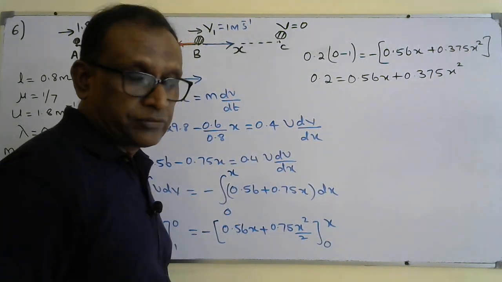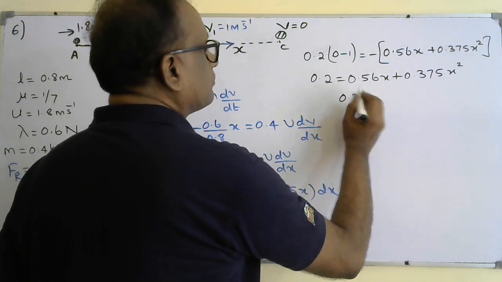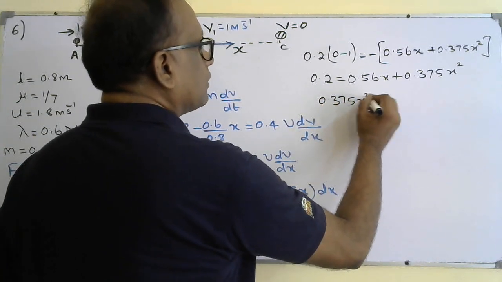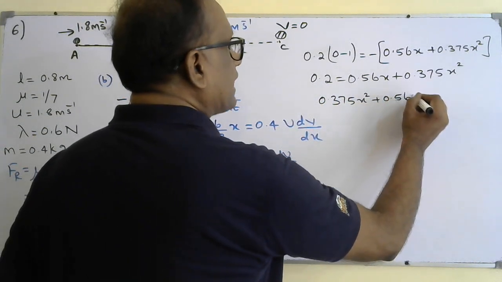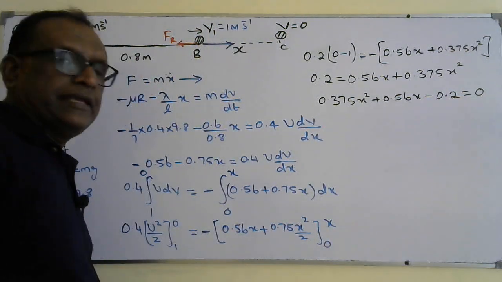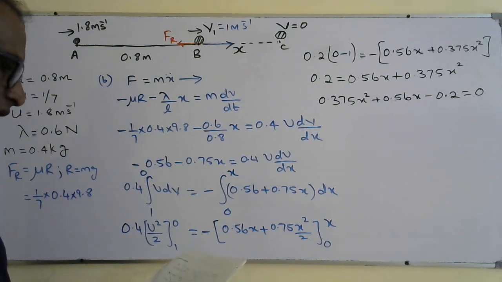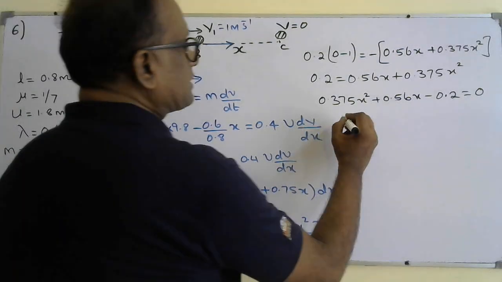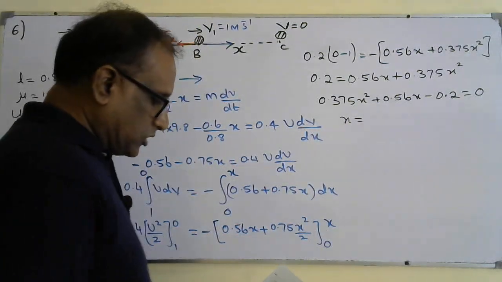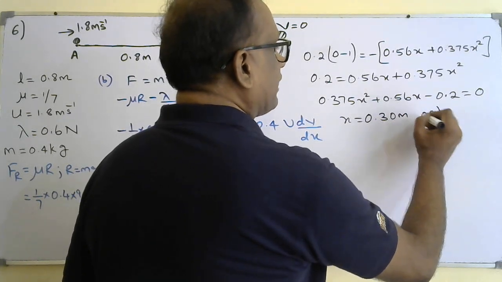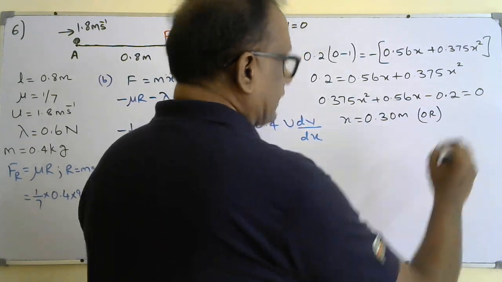Rearrange it into a quadratic equation format. 0.375 x squared plus 0.56x minus 0.2 equals 0. Exactly the same equation we got in the first method also. So when you solve it by using calculator, you will get x is equal to either 0.30 meter, or the other one is a negative answer, minus 1.79, we don't consider.